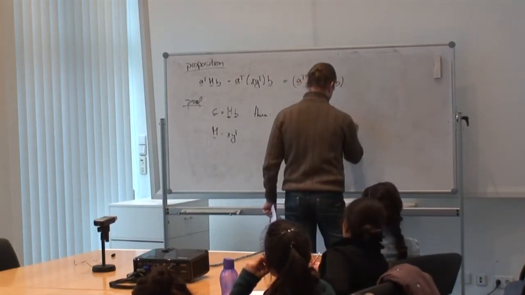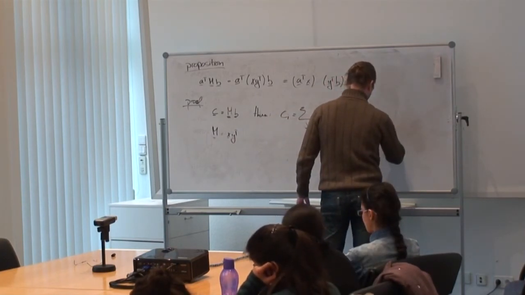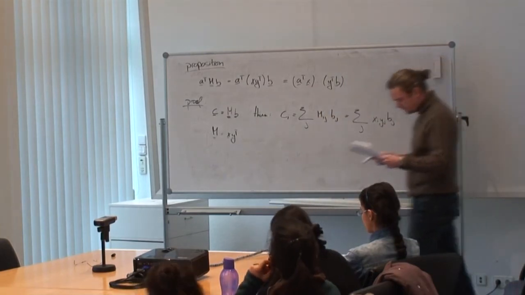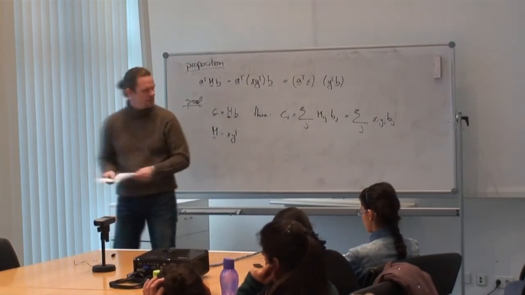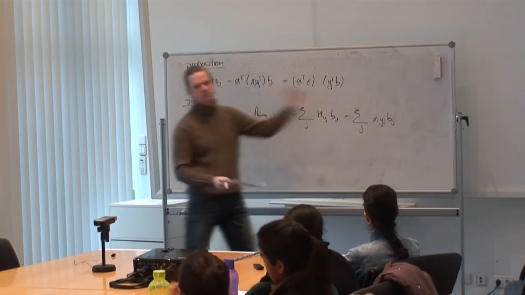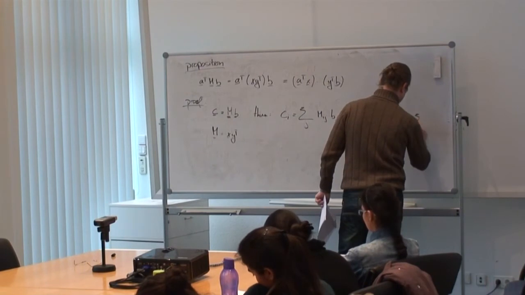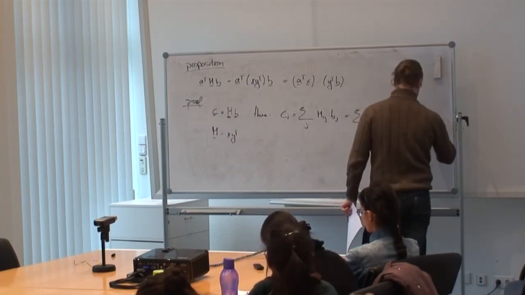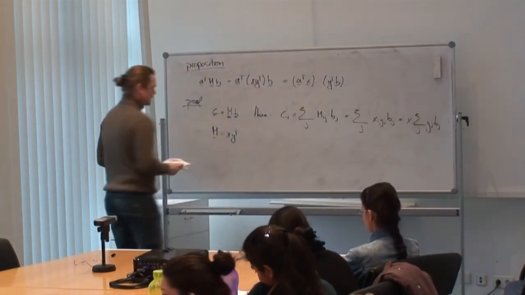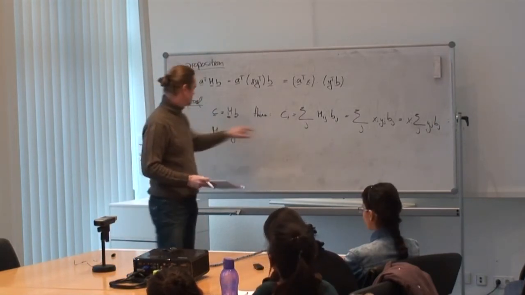So this is the same as the sum over all the j, xi, yj times bj. And now I want you to note that this xi does not depend on the index of summation j, so we can pull it out of the summation. This is to say xi times the sum over j, yj, bj. Okay, we have now developed an understanding for the ith component of this vector C.